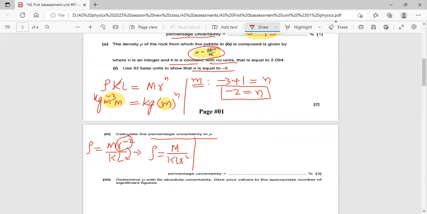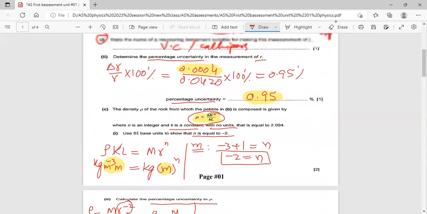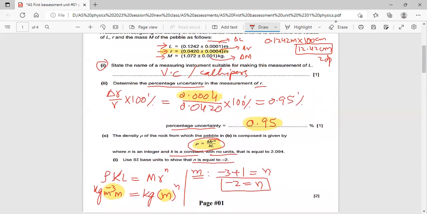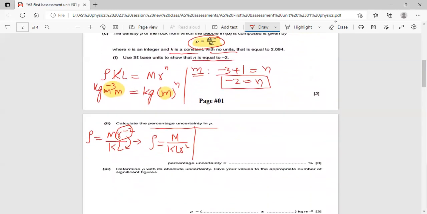Now you have to write the percentage uncertainty, and as absolute uncertainties are given, you will add the fractional uncertainties. So delta rho over rho times 100 equals delta m over m plus delta L over L plus 2 times delta R over R, because of the R squared power rule.